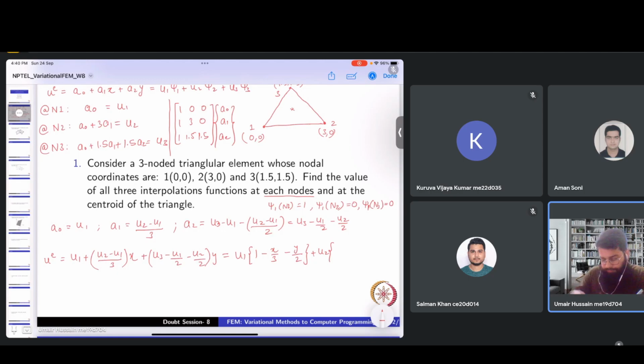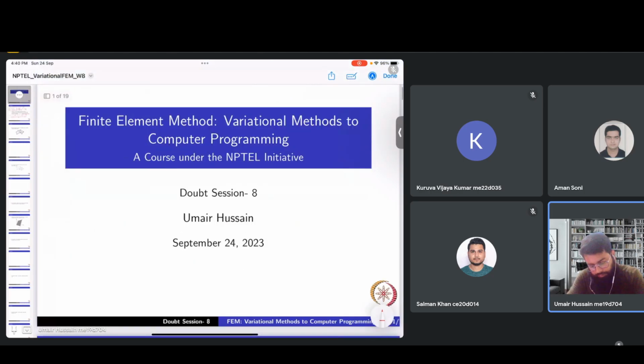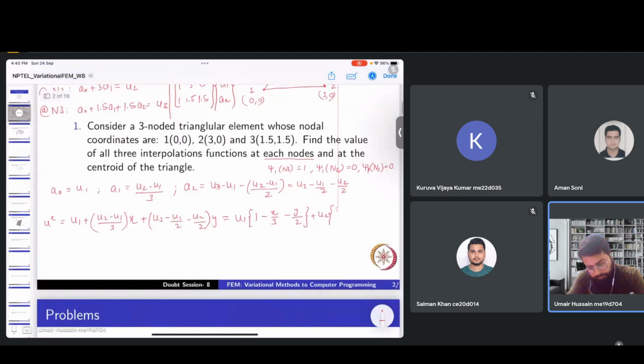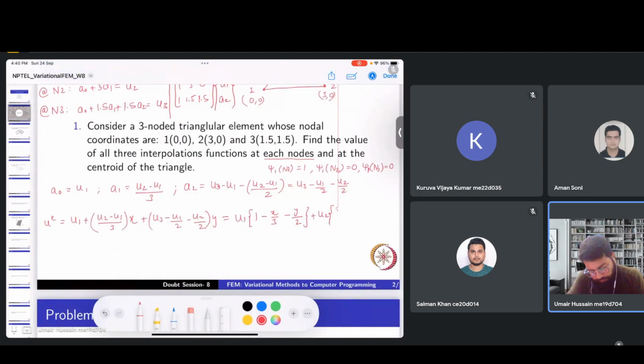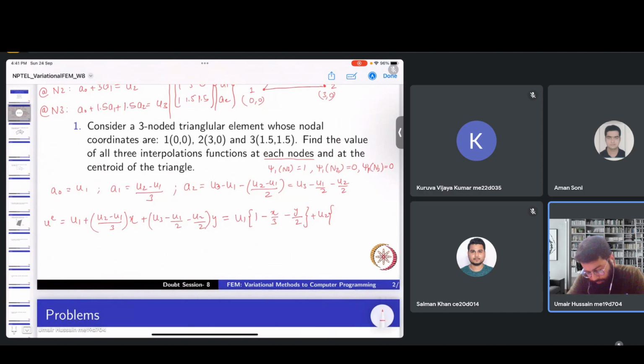Linear coefficients of y, sorry, u2. So here we have x by 3 minus y by 2, sorry, minus x by 3, oh, plus x by 3, sorry.